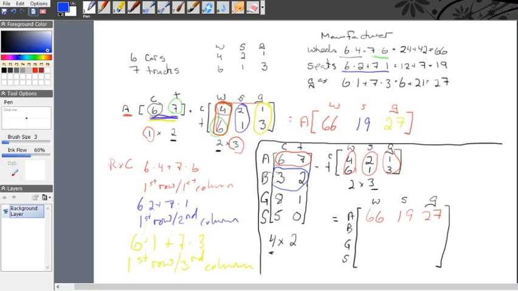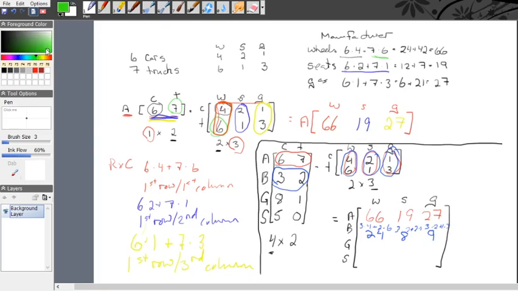He wants 3 and 2, so 3 times 4 plus 2 times 6, for a total of 12 plus 12, he needs 24 wheels. 3 times 2 plus 2 times 1 is 8 seats. And finally, 3 times 2 plus 1 times 3, getting a little hard to squeeze in and read, that's 6 plus 3, which is 9 gas tanks.